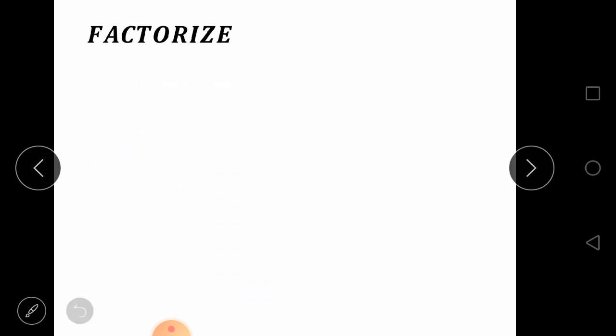Okay, now let's go to the next one, which is 3x squared minus 27. So we have a complicated example here, which is made of two steps. The first one is factorization of 3 and 27. So the common factor is 3.